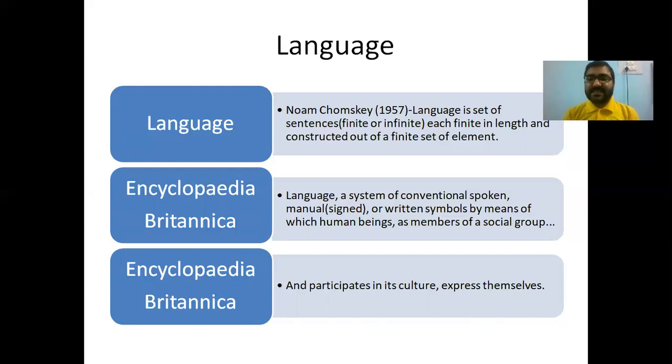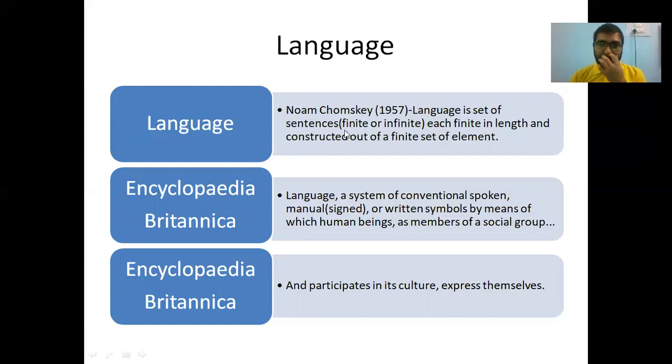It says language is a set of sentences, finite or infinite, each finite in length and constructed out of a finite set of elements. Constructed means through that set we can make n number of sentences. There is a set pattern, a set structure, and through that structure we can make n number of sentences. This is what Noam Chomsky says about language.